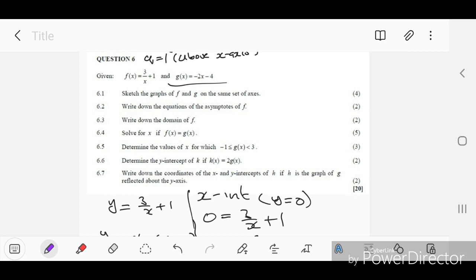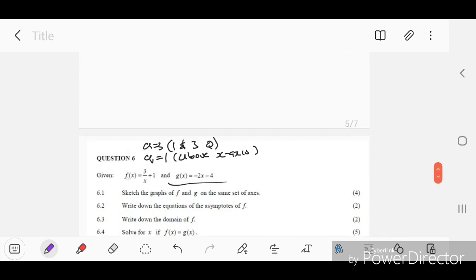Okay? Then they say to me, write down the equation of the asymptote of f. This is the asymptote of f, this one. Remember we said that q equals 1. q equals 1 is the answer to that question.